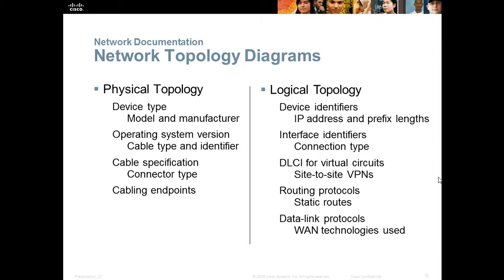A logical topology includes device identifiers, IP addresses and prefix lengths, interface identifiers, which include the connection type, DLCI for virtual circuits, site-to-site virtual private networks, routing protocols, static routes, and data link protocols, which include the WAN technologies which are used.